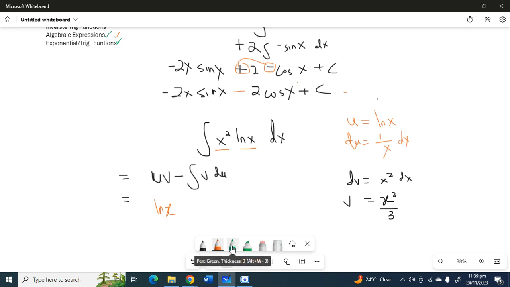V is x cubed over 3, minus the integral of x cubed over 3, du is 1 over x dx.